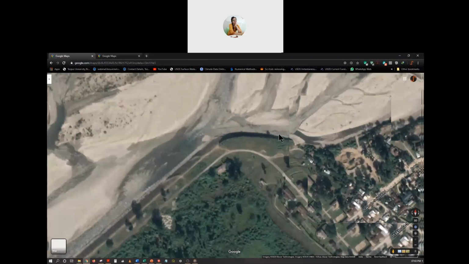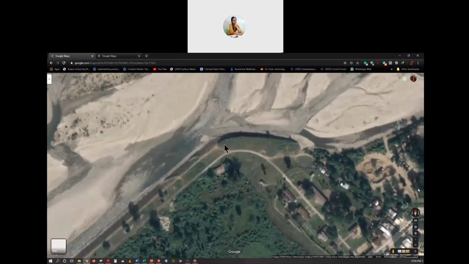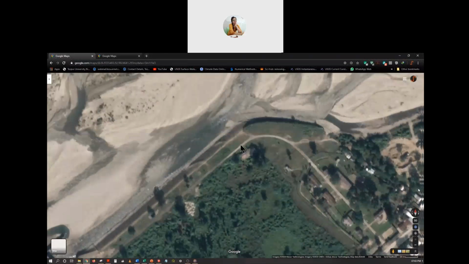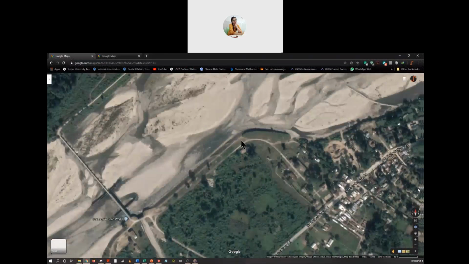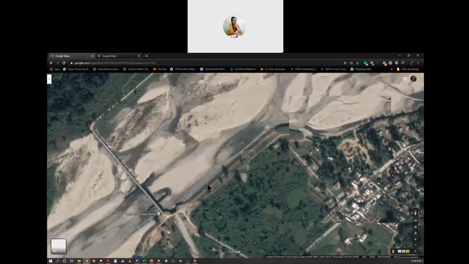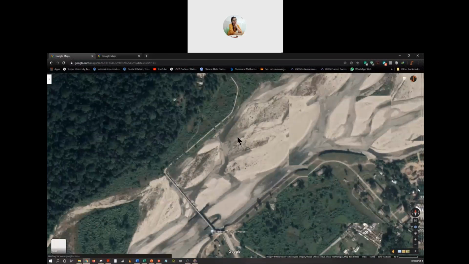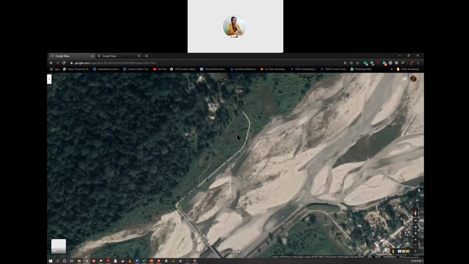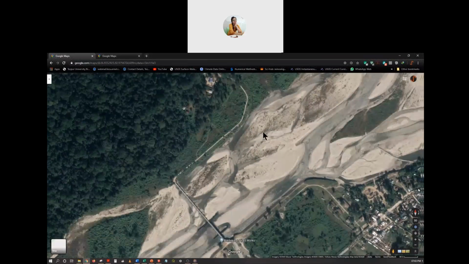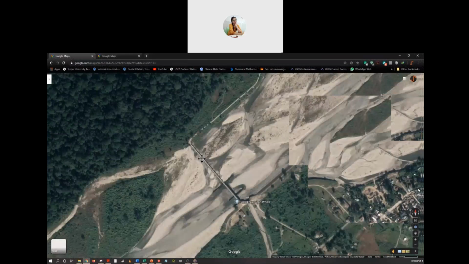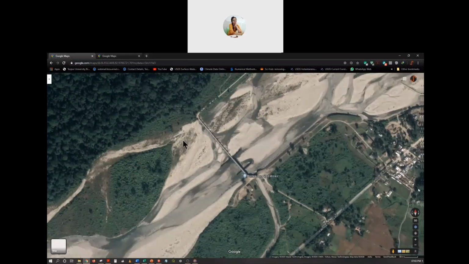What should be the actual specification of this embankment will depend on the discharge, river width, and lots of other factors. So in this side also we can provide the same kind of embankment which will prevent the erosion of the river. That means from this point up to some point in the downstream, we need the cross-section of the river to be stable.